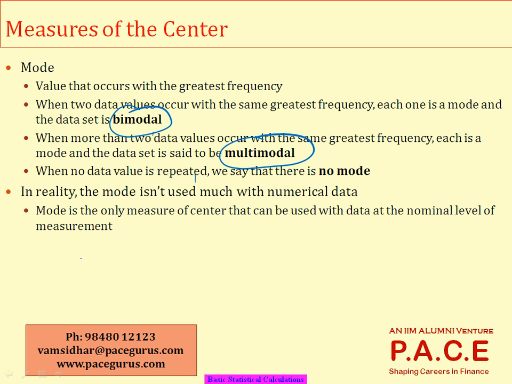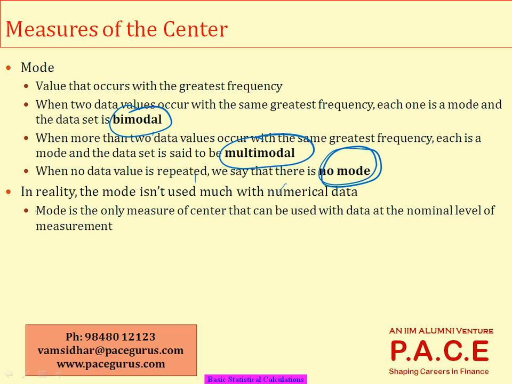If more than two, any number of data points repeating the maximum number of times, we call it multimodal. And when no value is repeating more than others, there is a possibility of no mode also. Because of this, some data sets may not have a mode at all, and some may have multiple modes.